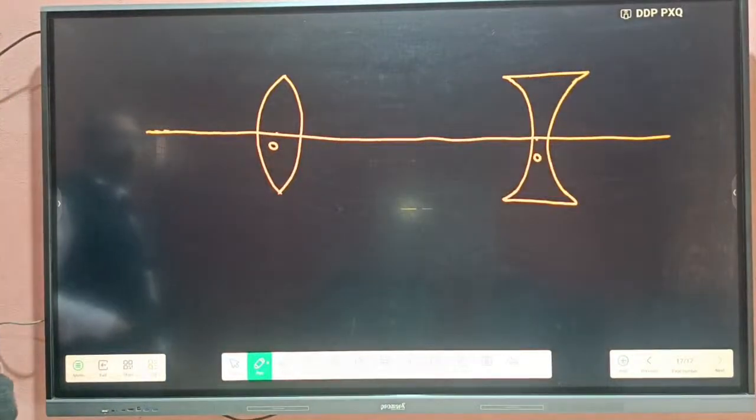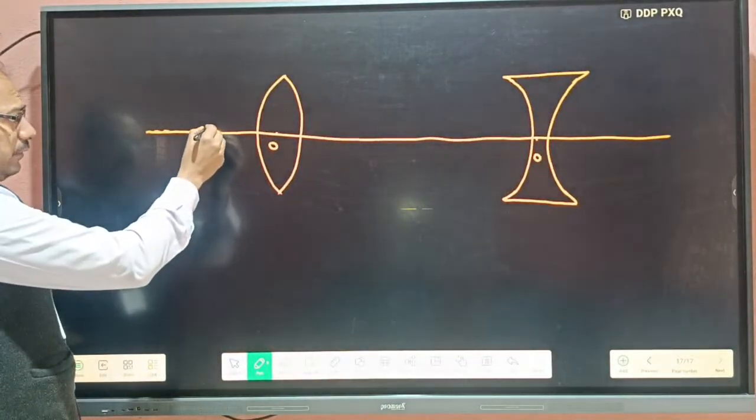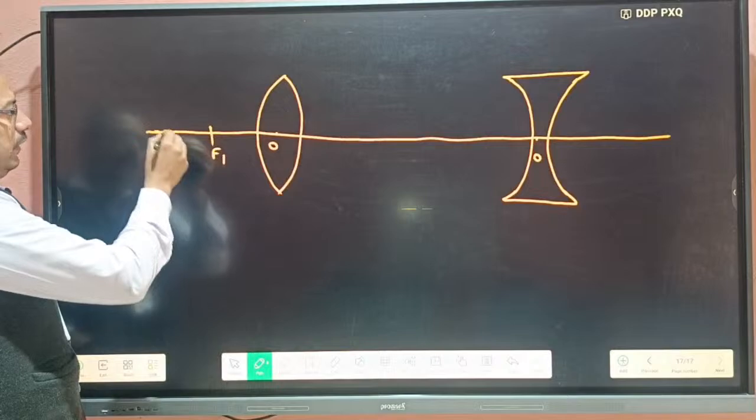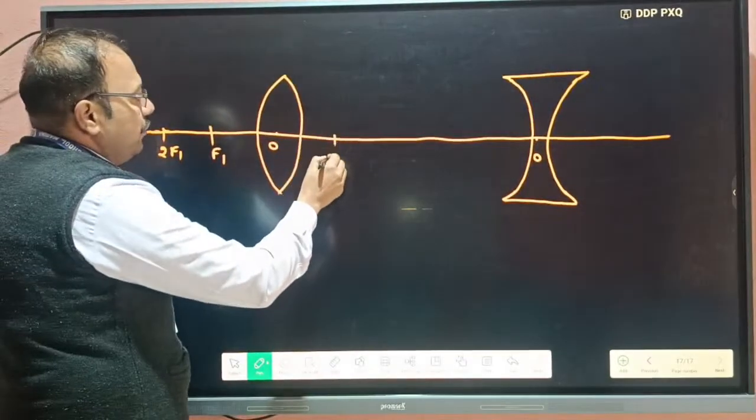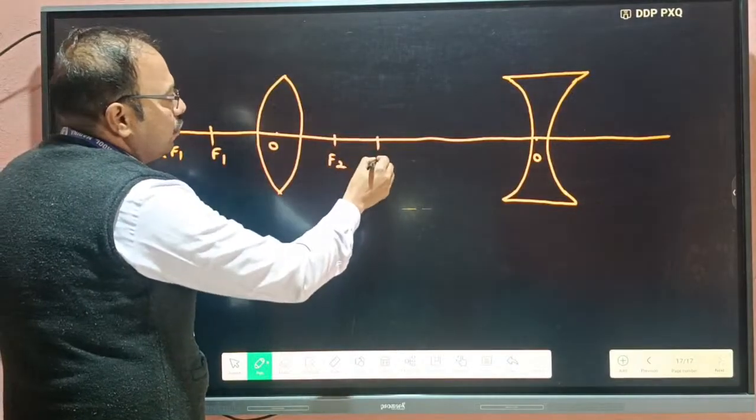Okay, and take this as F1 and this is 2F1 and this is F2 and this is 2F2.